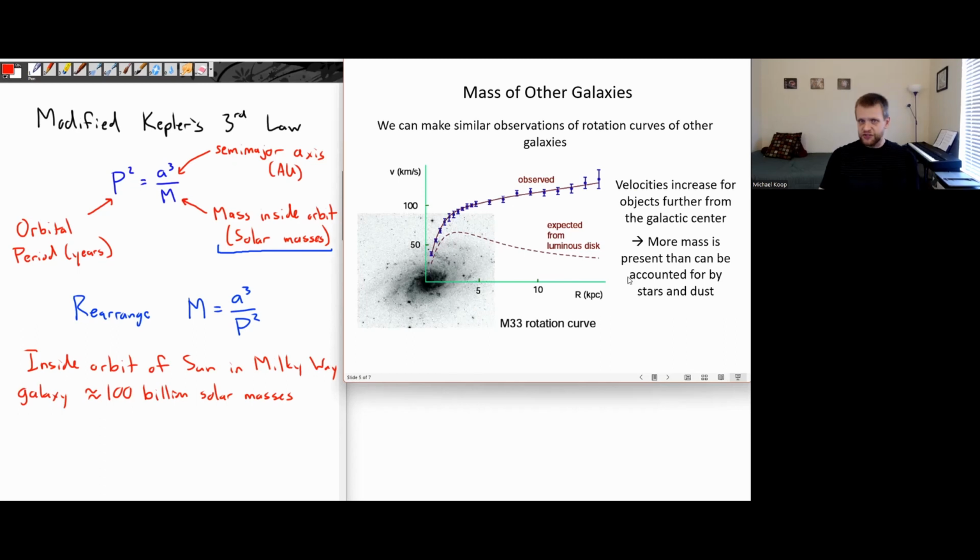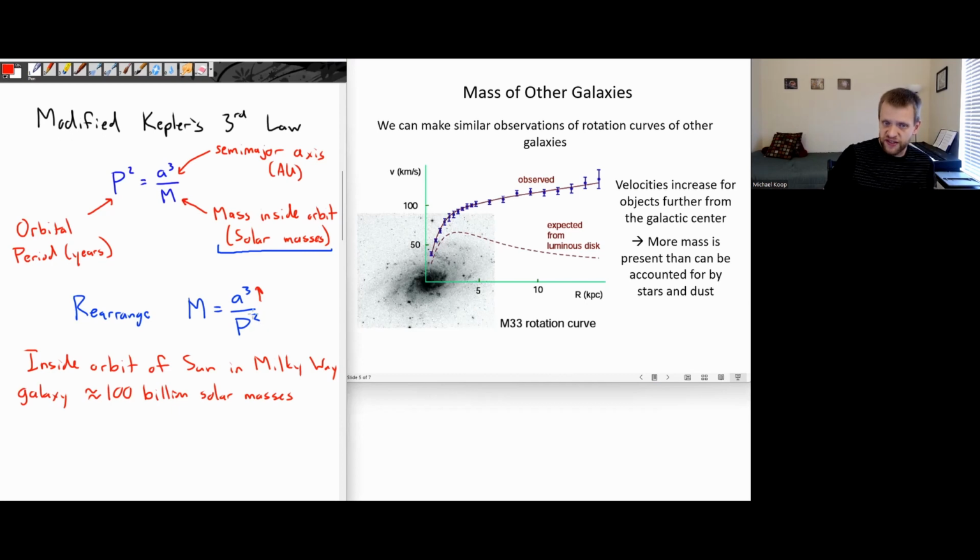Instead of the orbital velocities getting slower and slower as you go further away, the orbital velocities stay pretty quick. Well, what could account for this? We are seeing that at these greater distances, we still have fairly short orbital periods.